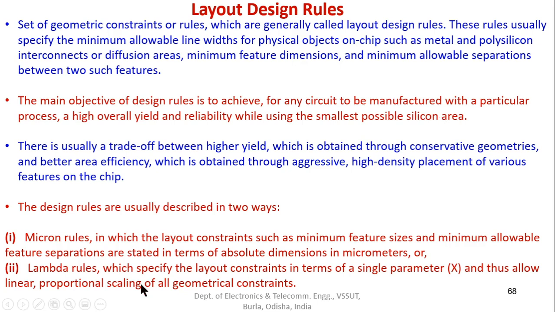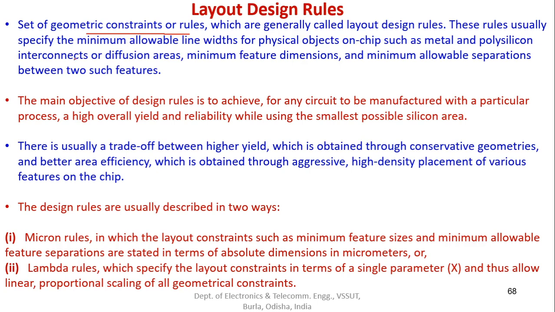So here we can see layout design rules, a set of geometric constraints or rules which are generally called layout design rules, right? These rules usually specify the minimum allowable line width for physical objects on chip, such as metal and polysilicon interconnects or diffusion areas, minimum feature dimensions and minimum allowable separations between two such features.